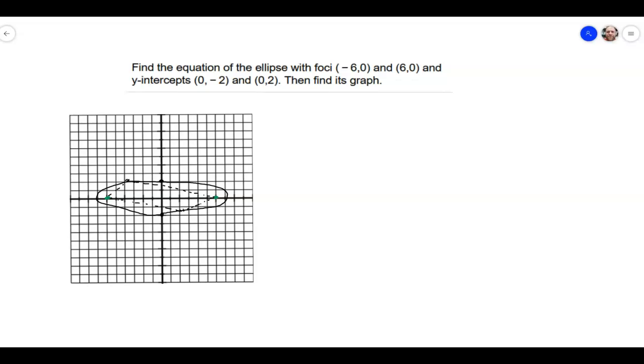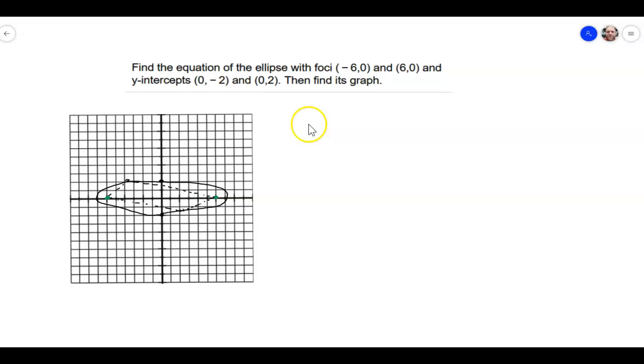We're going to talk a little bit about what a, b, and c are as soon as I show the formula. So we're going to have two formulas here, depending on whether our ellipse is stretched horizontally or vertically. In this case, we are stretched horizontally, so I'm going to be looking at that formula.